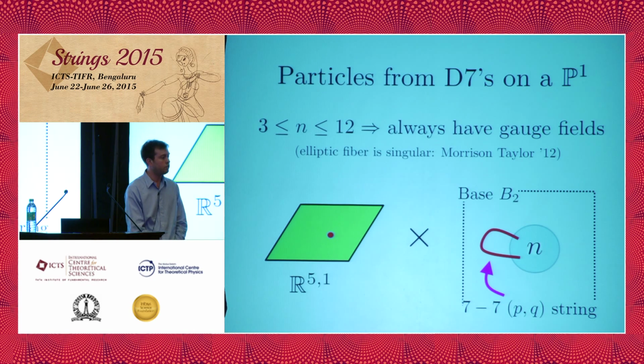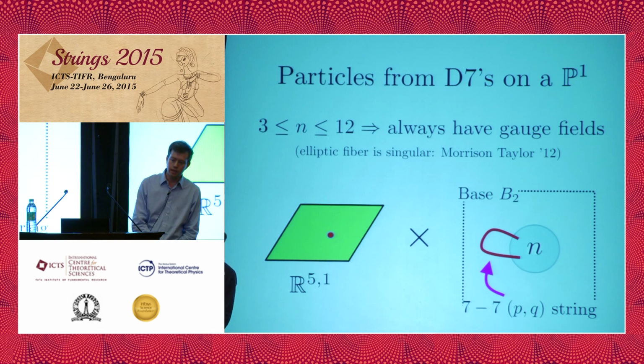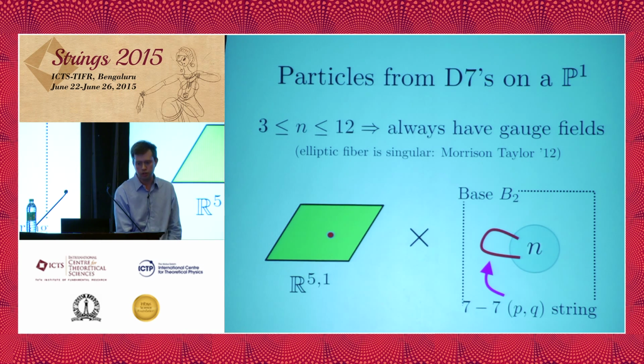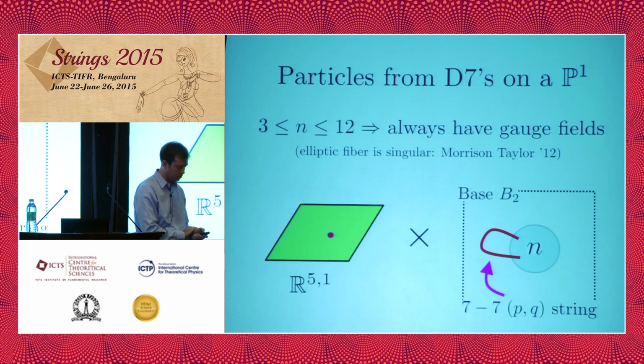This is basically because if you look at the T2 fiber, it's always degenerating over that curve. So there's always an additional 7-branes. And if we look at (p,q) strings going between those 7-branes, what we find is that, indeed, there's additional particles, such as gauge fields, shooting around in the 6 dimensions. So this is always there. This was, I think, most systematically studied recently by Dave Morrison and Washington Taylor.